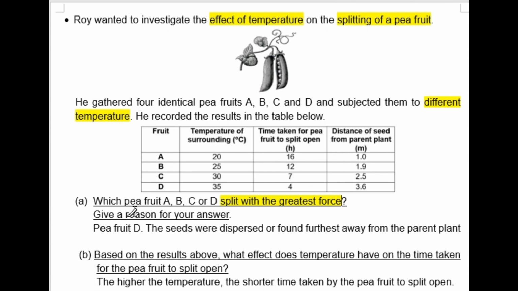Give a reason for your answer. Pea fruit D. The seeds were dispersed or found furthest away from the parent plant. B. Based on the results above, what effect does temperature have on the time taken for the pea fruit to split open? The higher the temperature, the shorter the time taken by the pea fruit to split open.